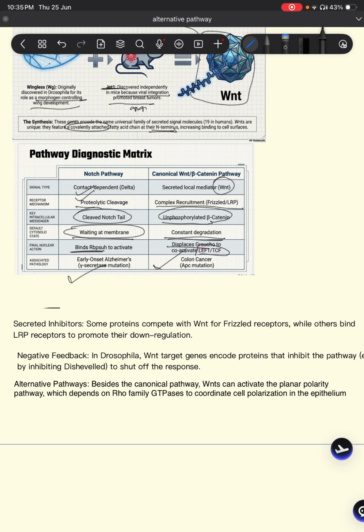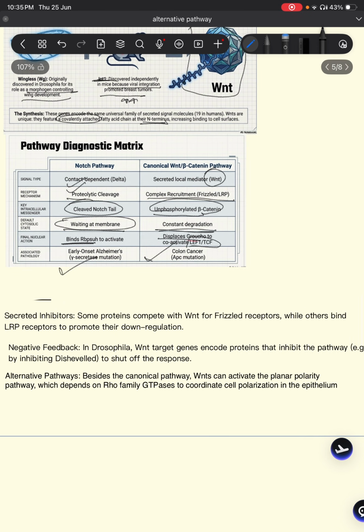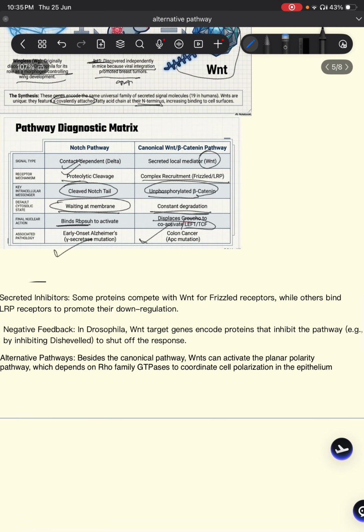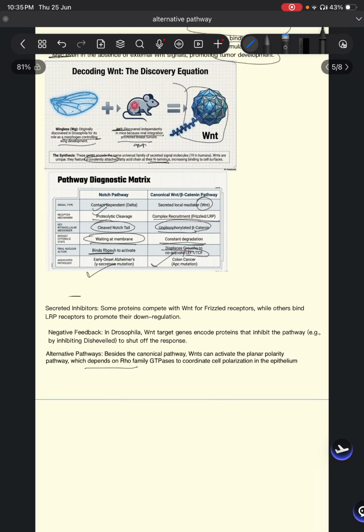But in the case of negative feedback, you inhibit the pathway to shut off the response. That's a normal thing. Other non-canonical pathways work with the help of Rho family GTPases, to coordinate cell polarization in epithelium.